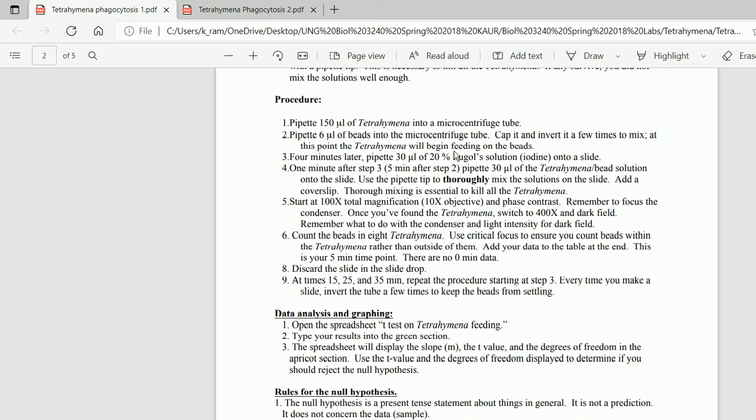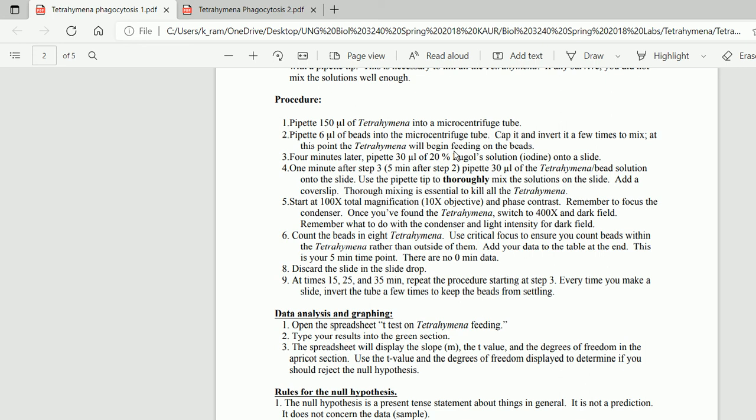The next time period is 15 minutes, which means you see the vacuoles after another 10 minutes. The third time point is 25 minutes, another 10 minutes. Then the next time point is 35. So after every 10 minutes you have to take the tetrahymena and the India ink dye from the tube.